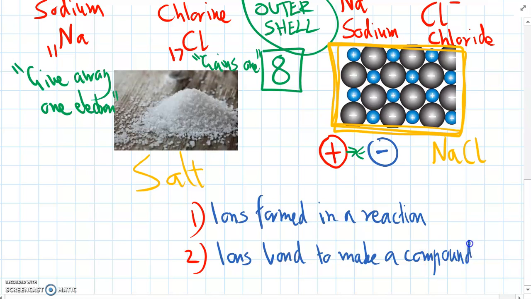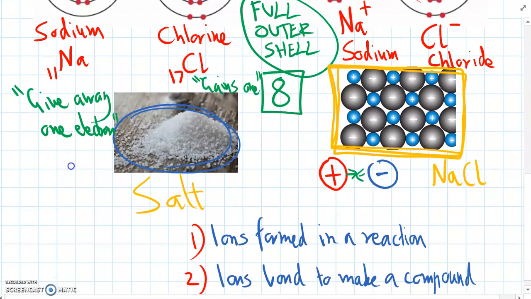And there are lots and lots of different ionic compounds where 2 different ions are attracted to each other and they make this crystal shape. Pretty much every rock and every mineral on Earth is made of ions, and lots of different ions are important for us in everyday life.